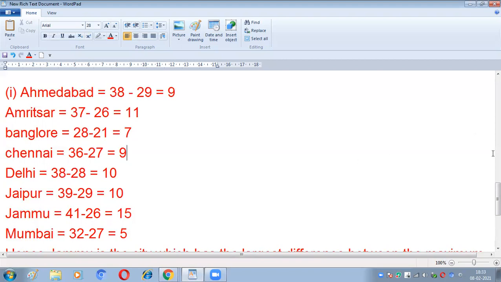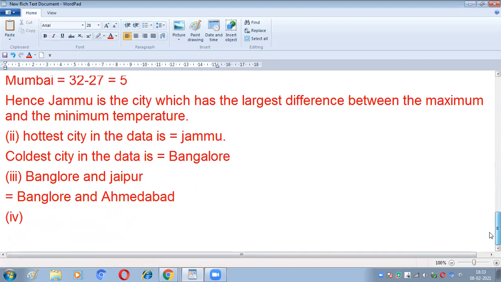So the answer for fourth bit will be Mumbai, because Mumbai has a difference of only 5 degrees Celsius.